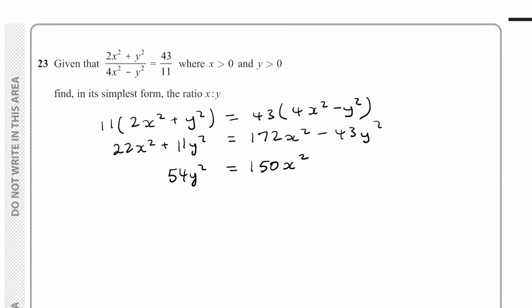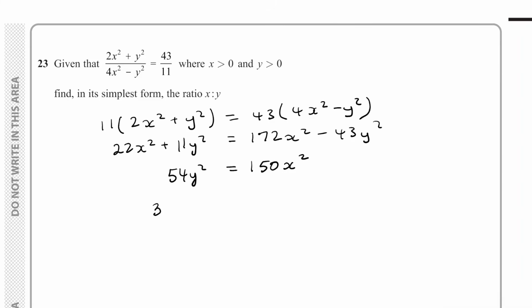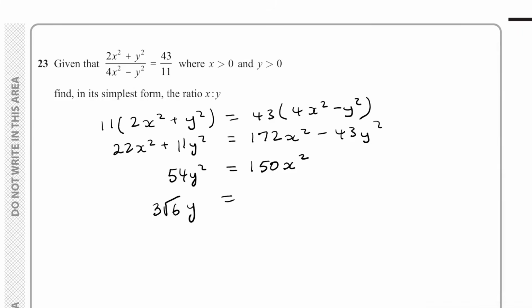So we're going to have square root 54, which is 3 root 6, so 3 root 6 y. Square root 150 is 5 root 6, so 5 root 6 x. Divide both sides by root 6. We just get 3y equals 5x.